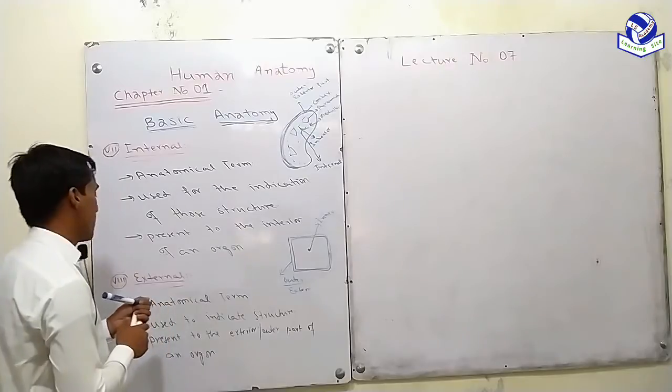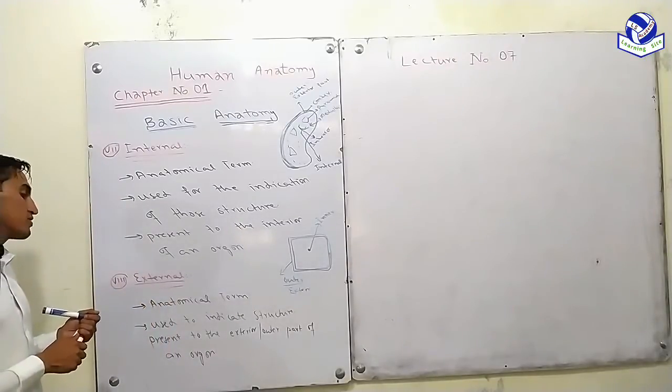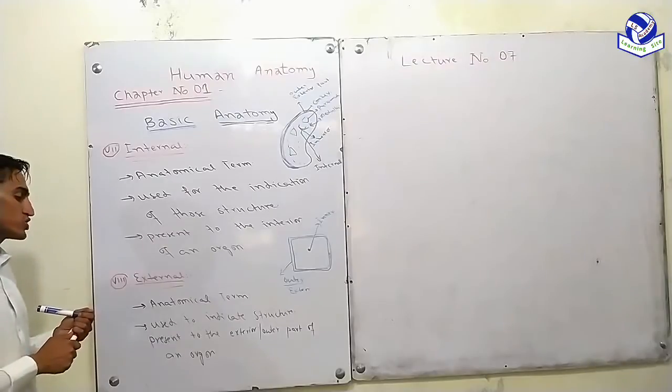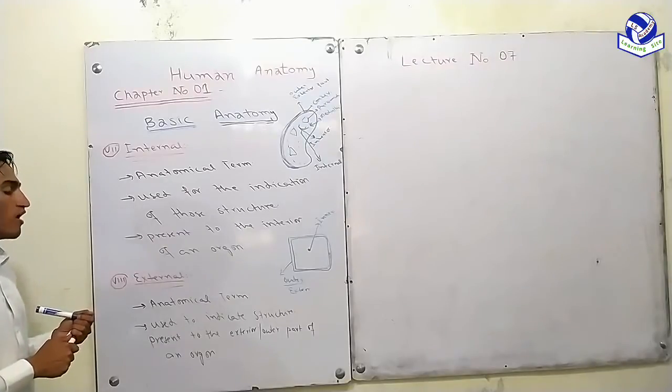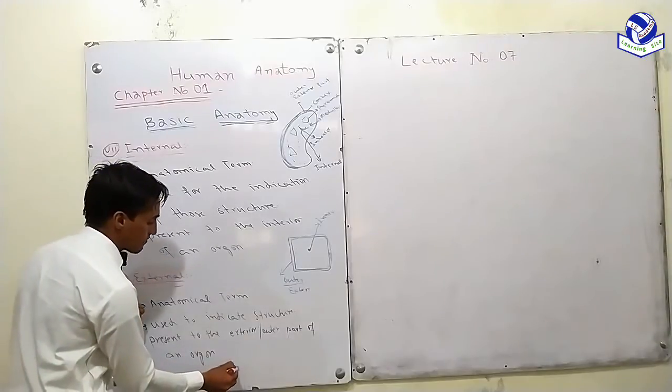So external is an anatomical term used to indicate structures present to the exterior of an organ, like the cortex of the kidney.